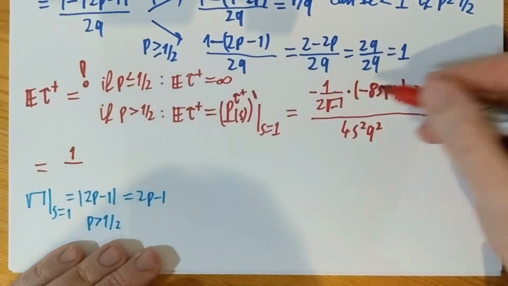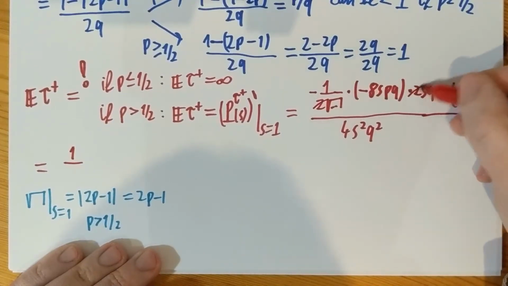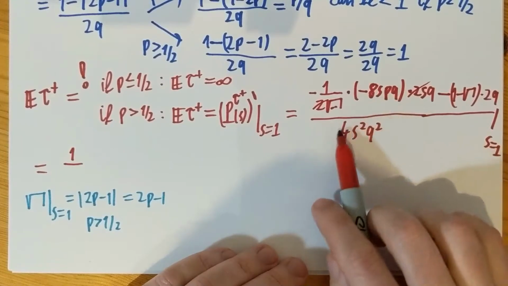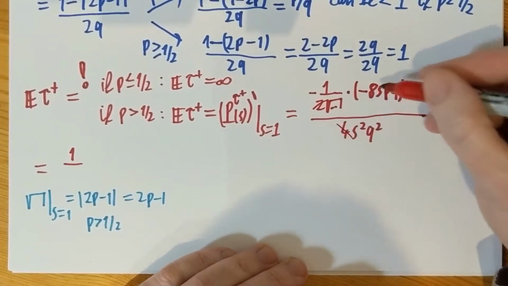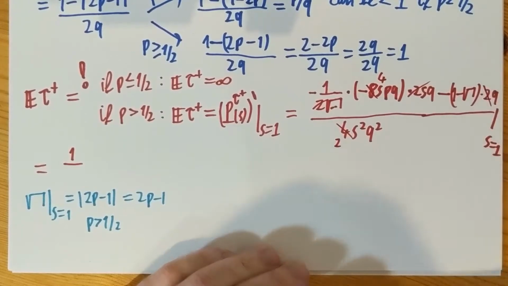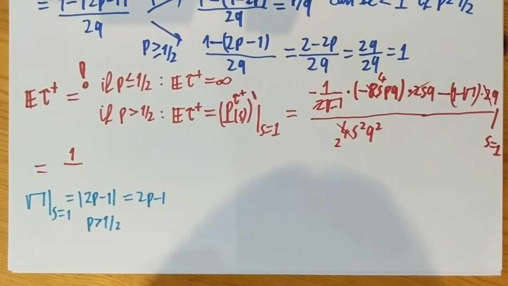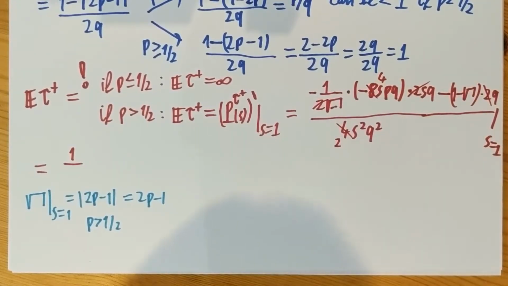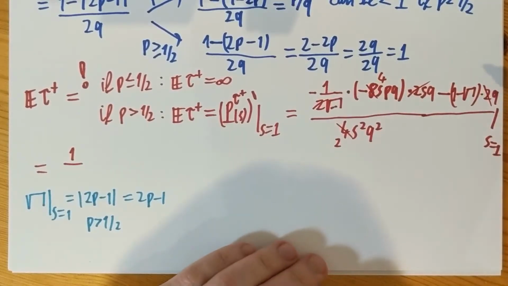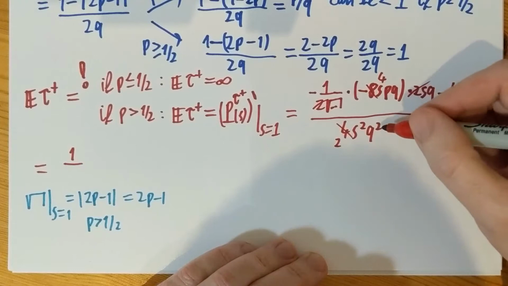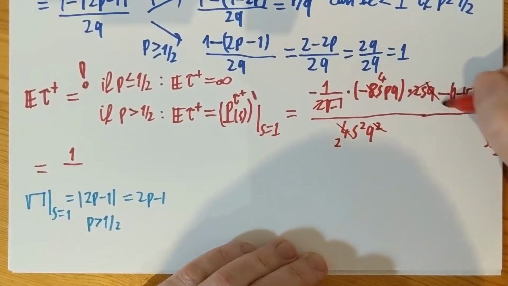I'm going to cancel out a 2 from the 8, so I'm going to make this a 4 and this a 2 and cancel out that one as well. Then the 2 minuses cancel out. I'm also going to cancel out one of the q's, so one of the q's is also gone.